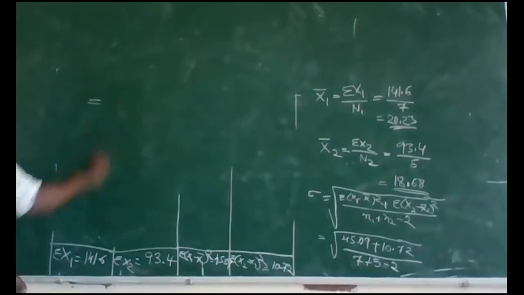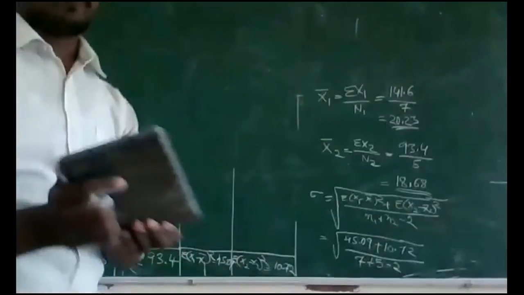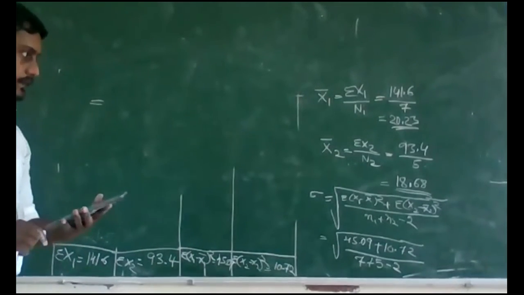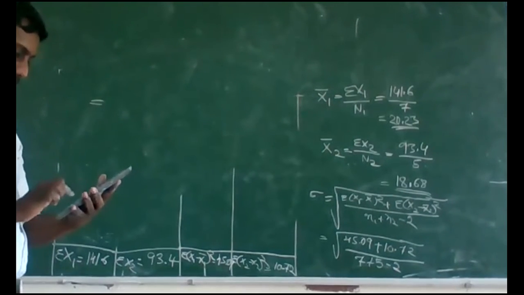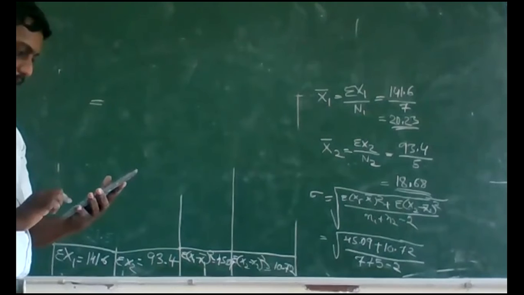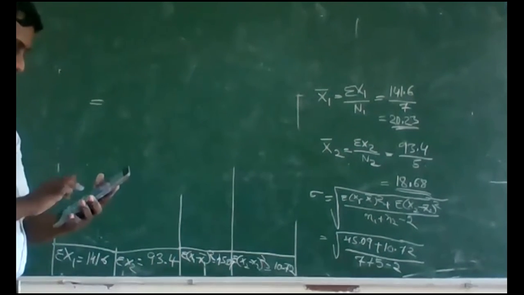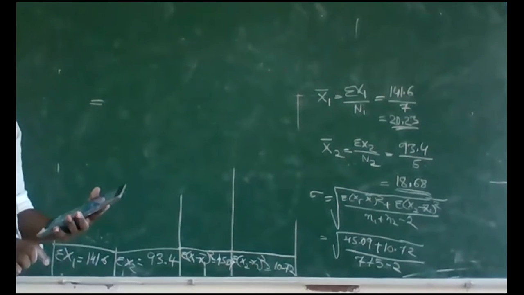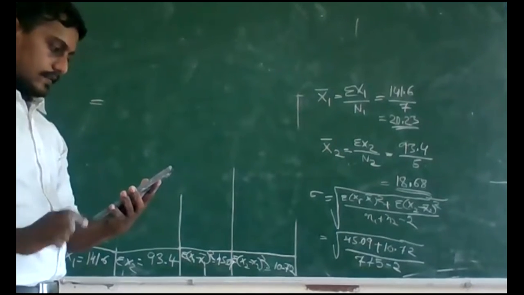Use calculator and find out the standard deviation value. Square root of 45.09 plus 10.72 divided by 7 plus 5, 12, 12 minus 2 is 10.